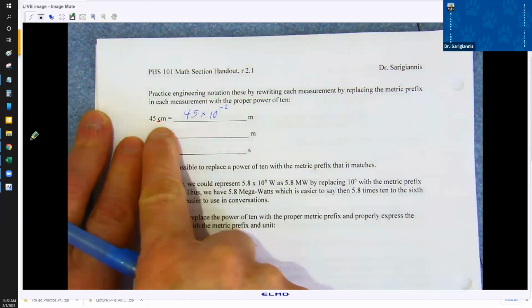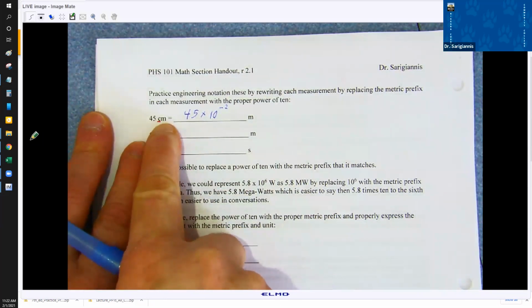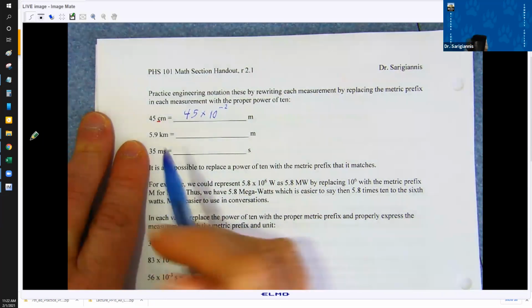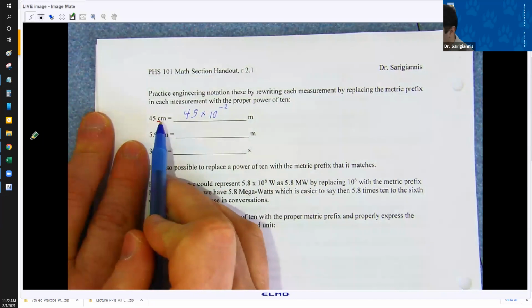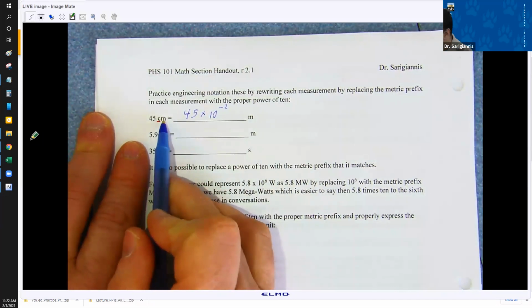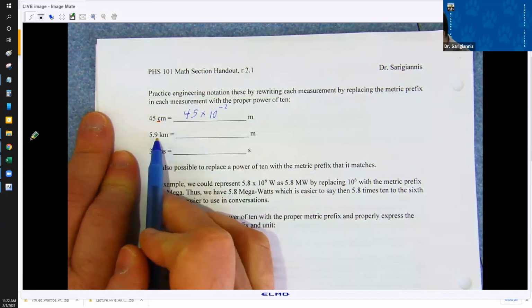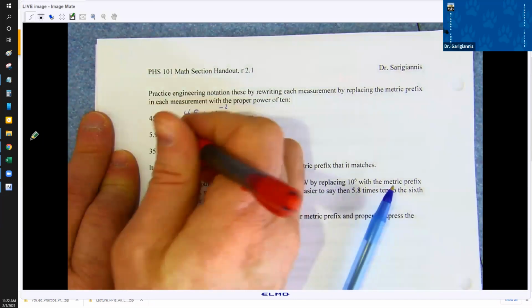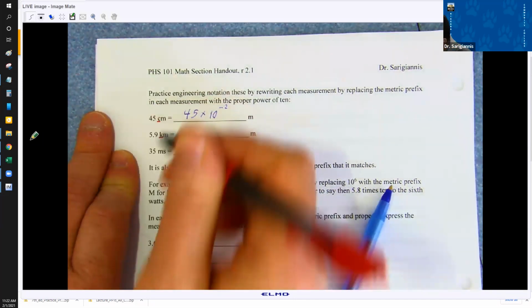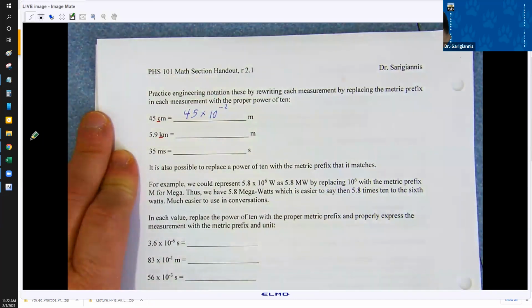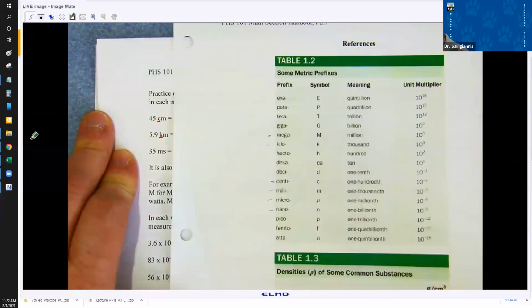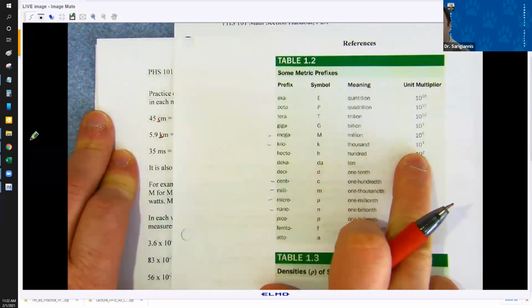So notice all I did, I have a prefix, I have the unit. I mean, technically these are units. On a centimeter ruler, these are the units. But the SI unit is meters, and centi is 100th of a meter. Let's look at kilometers. My prefix here is K. And K is 1,000, 10 to the third.